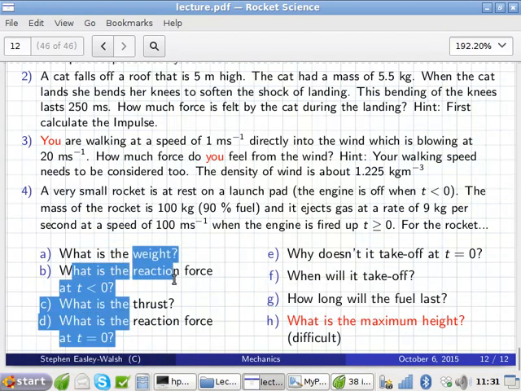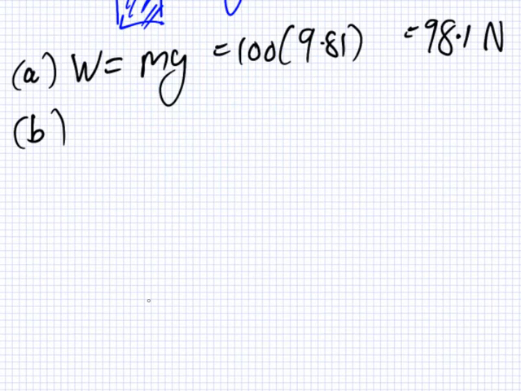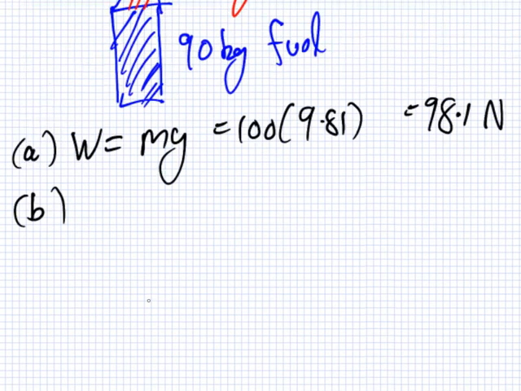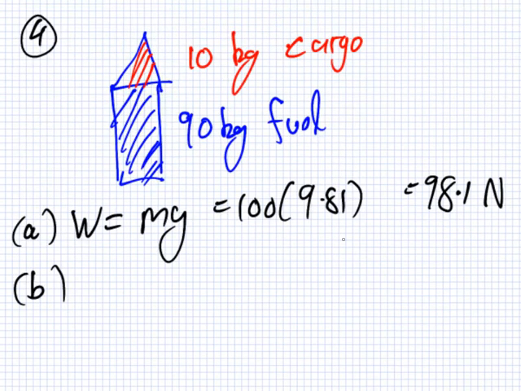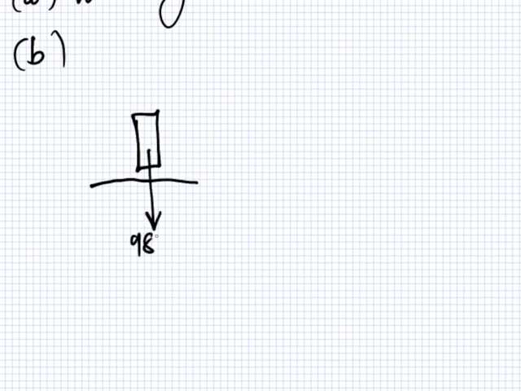B. What is the reaction force when T is less than 0? Alright, B part. Okay, so here is the rocket, and here is the weight, and here is the reaction force, and this is before it takes off.